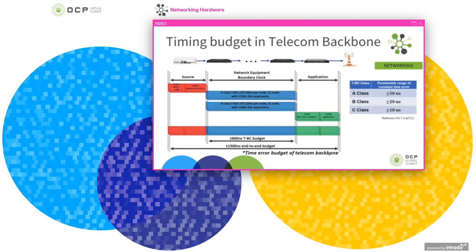The source side is 100 nanoseconds for PRTC and Telecom Grandmaster with 200 nanoseconds networking variation. On the right-hand side is the application section. It has 215 nanoseconds for short-term holdover and 115 nanoseconds for application.